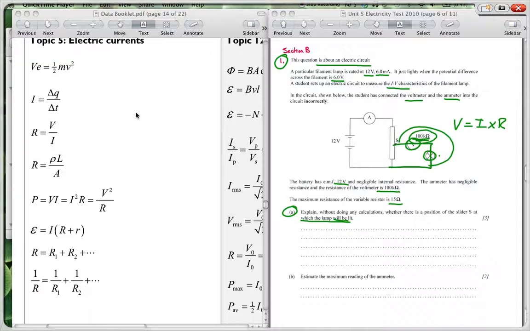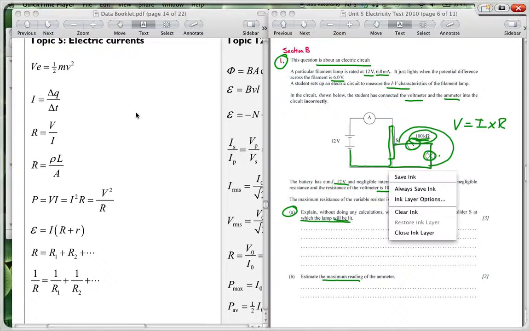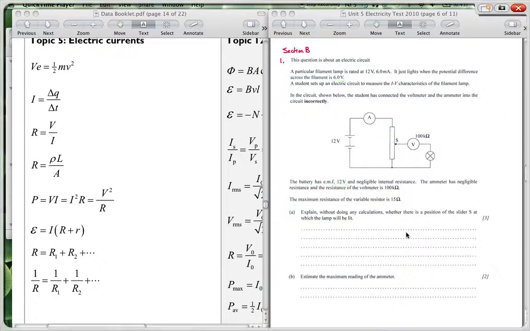Now, estimate the maximum reading of the ammeter. So we are going to view this just as a one resistor circuit. We can ignore this, because the 100 kilo ohms basically switches off that part of the circuit.